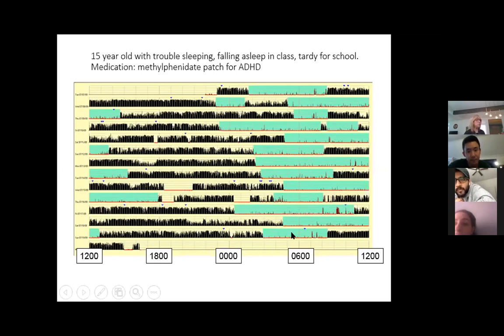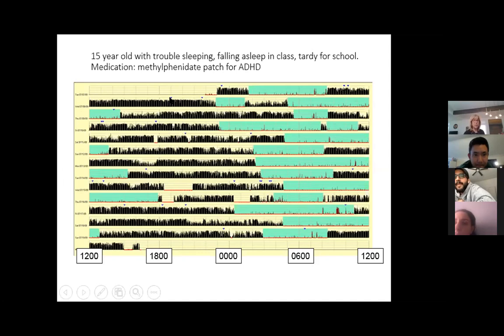How many hours of sleep is she getting? 1, 2, 3, 4, 5. This is her telling me she got out of bed, if you believe that. So these are the event markers. It's all bull, you know? I mean, these are our patients, right? You see all the event markers?